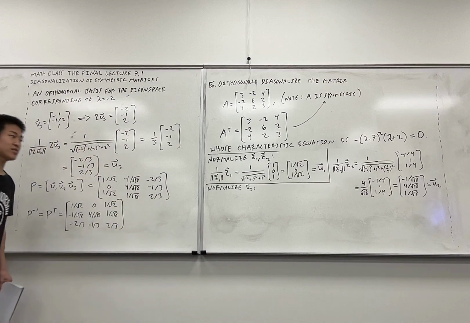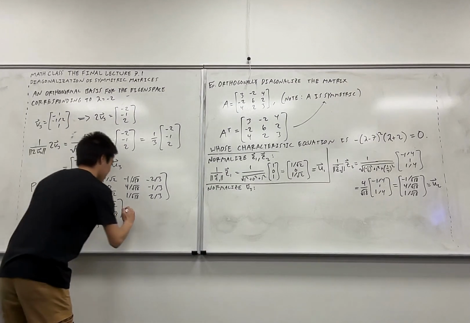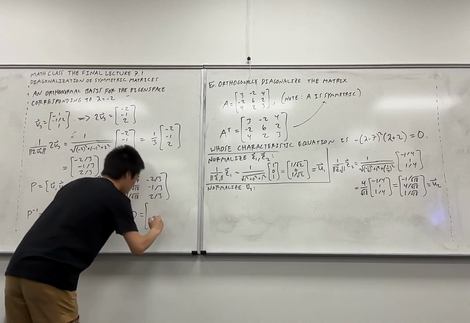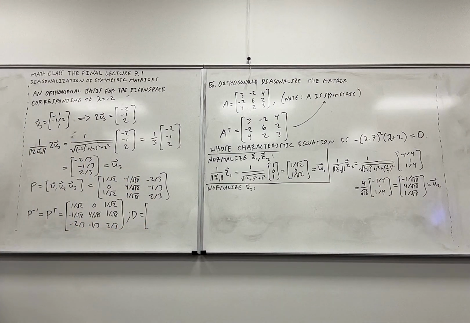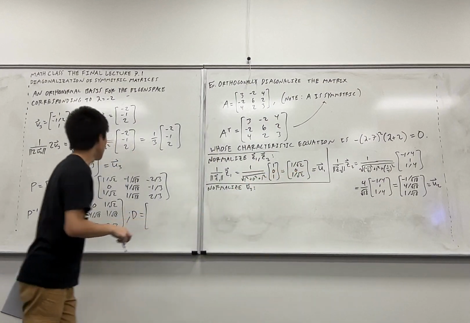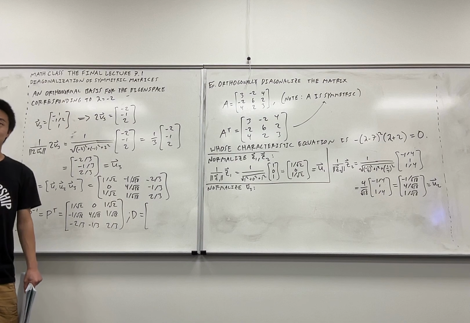What's the only thing we're missing from this entire solution? D, right? Our diagonal matrix. That is exactly the same as before. We just want to correspond the eigenvalues to those vectors. So I got my U1 and my U2 from that first eigenspace when lambda was equal to the 7 value.